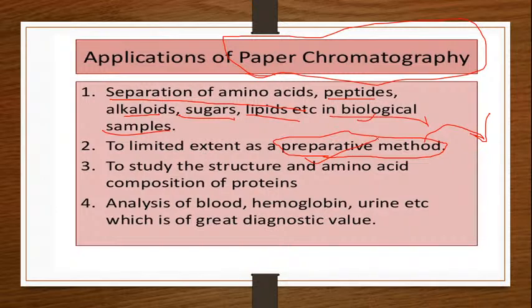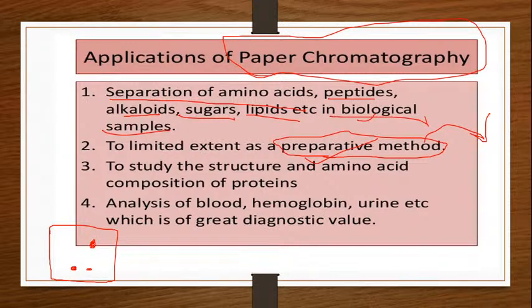more specifically, from the practical aspect, I can summarize that paper chromatography is more of a skilled person's technique. What I mean to say is that the success of paper chromatography is directly proportional to the skills of the analyst. That means how you spot the sample, how you saturate the chamber, how you spray the sample, how you mark the spots which you have detected.